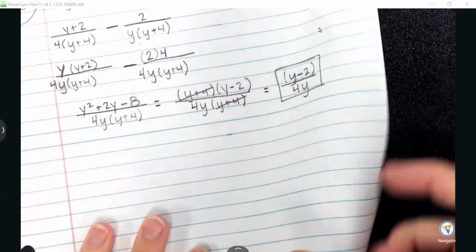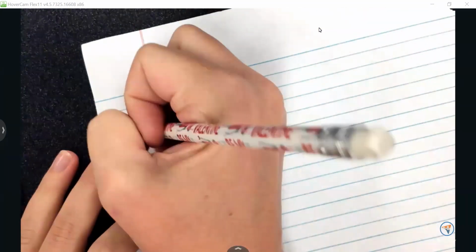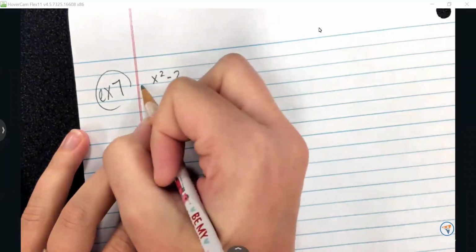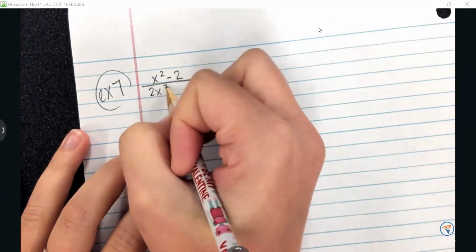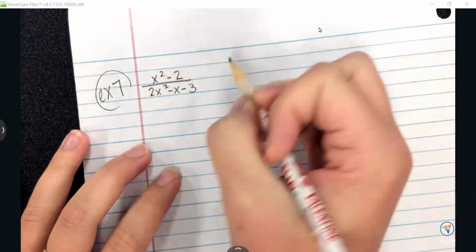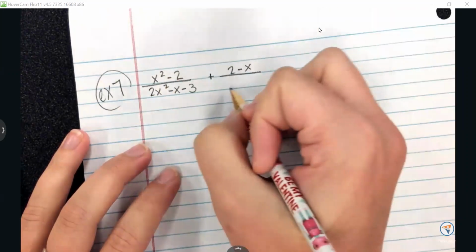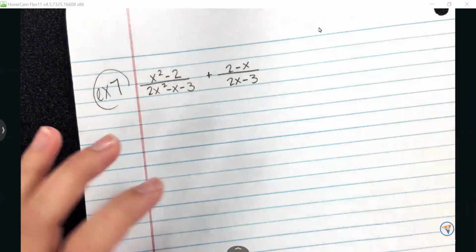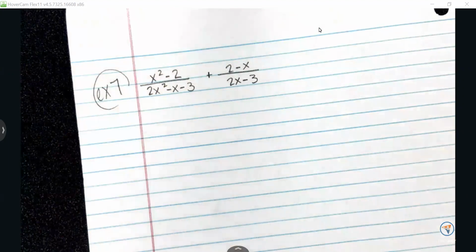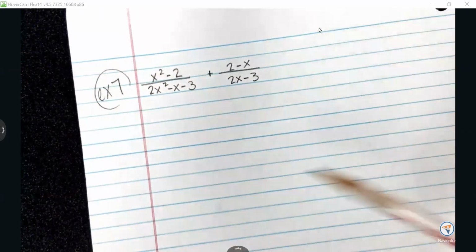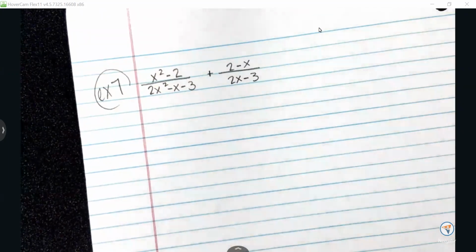I'm gonna flip my paper. Number 7, and then you're gonna try some on your own with a partner, whatever you please, as long as you're practicing. So I have x squared minus 2 all over 2x squared minus x minus 3. Oh, this one's gross. All right, so I have to go simplify my denominators. So the left side, what are you going to have to do? Slide and divide.